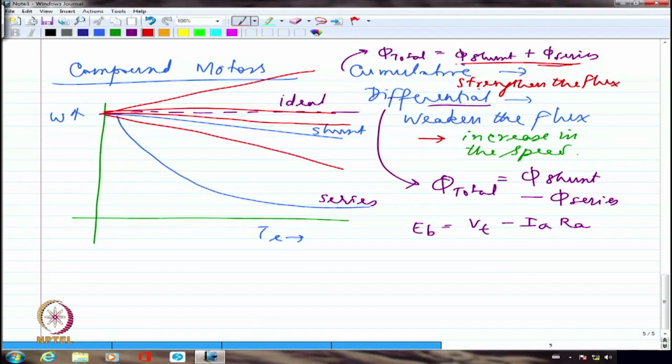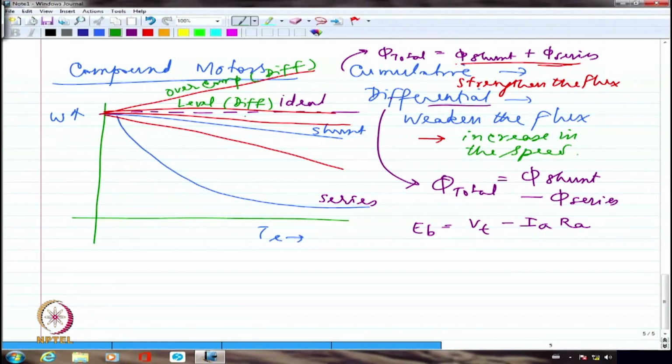Please understand that between the generator and motor, this behavior is completely opposite. All these three correspond to differential compounding. This is over compounded, but very clearly it is also differential. This is level or flat compounded, but also differential.